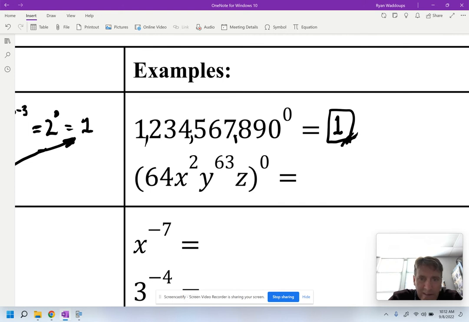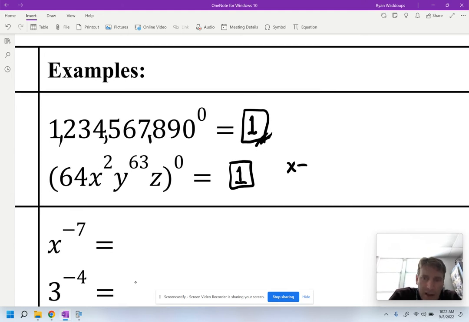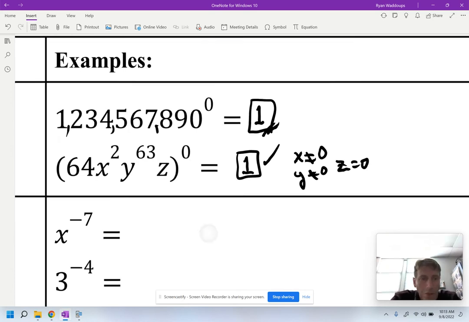Then 64x squared y to the 63rd power z raised to the 0, all raised to the 0 power, because it's all in parentheses, is also 1. Again, it's worth noting that x cannot be equal to 0, y cannot be equal to 0, and z cannot be equal to 0. So long as none of those are equal to 0, this is true.